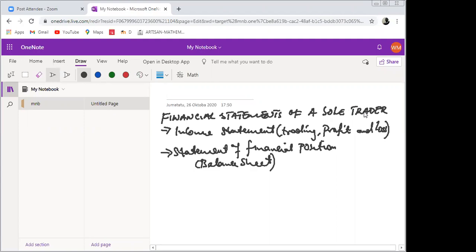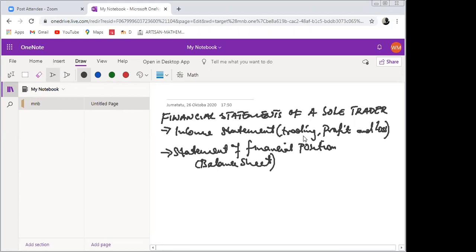So having said that, allow me to explain what these two statements are all about. The income statement is normally prepared with the sole intention of determining the profit of the business. You prepare the income statement with the objective of determining the amount of profit the business generated in a particular financial period.